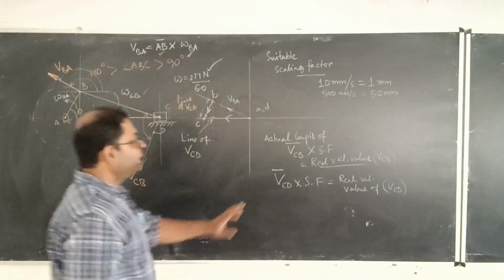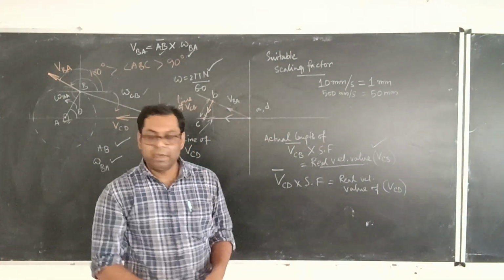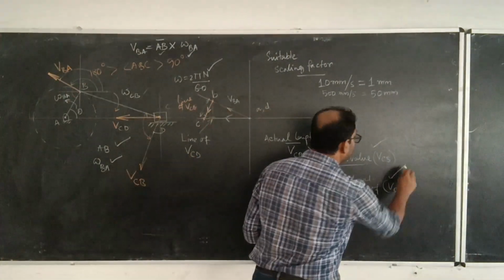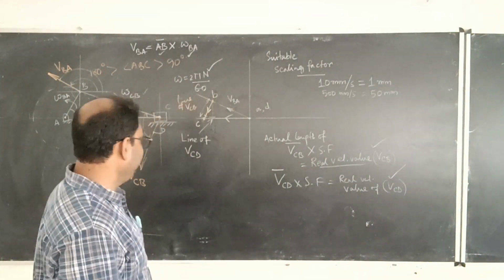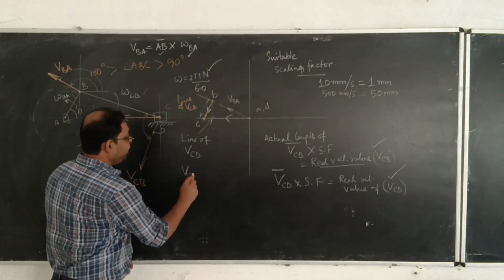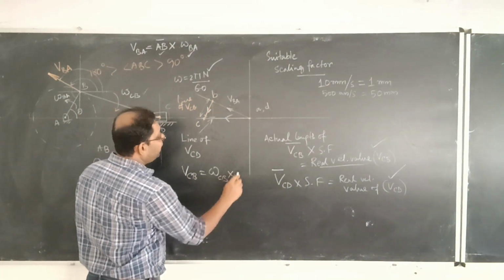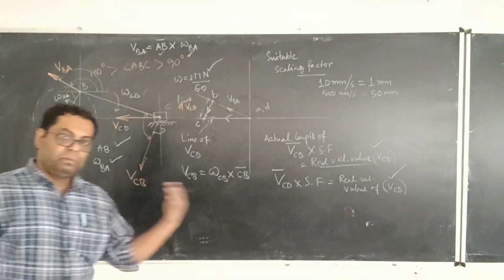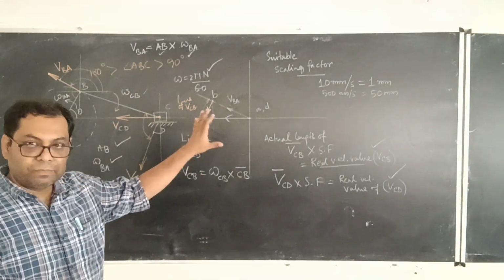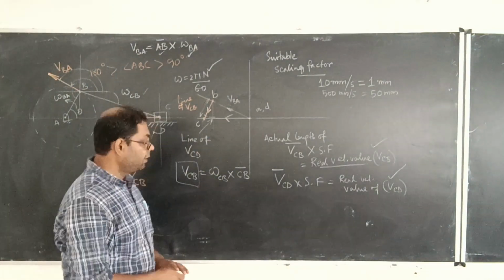So once you get the velocity of C with reference to B and the velocity of C with reference to D, then the rest of the part is very simple, because we know that VCB is equal to omega CB multiplied by the length CB. Now from this calculation and from this diagram, we know what this value is. It is known.